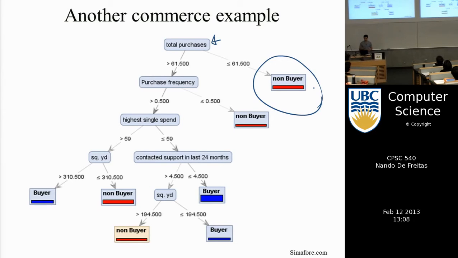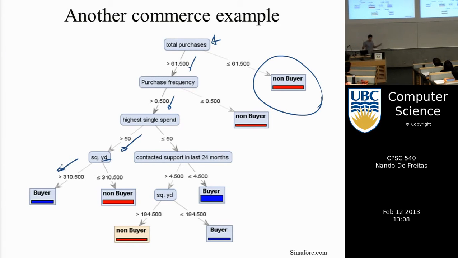If, however, that customer has made purchases higher than that value, you then check how often the customer does it. So the customer spends a lot of money and spends that money often, and the customer often does exorbitant spending, and I have no idea what this means.